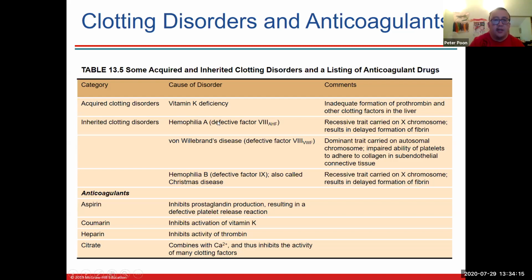Here you can see the hemophilia and other clotting factor problems, and other things we take, Coumadin, etc.